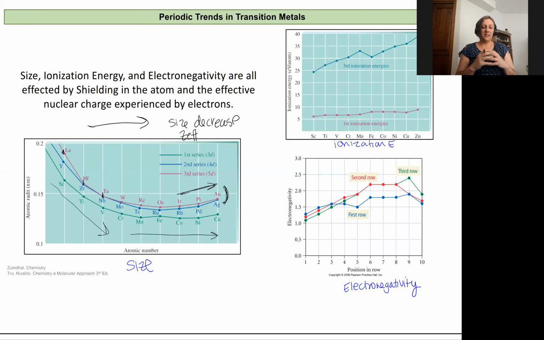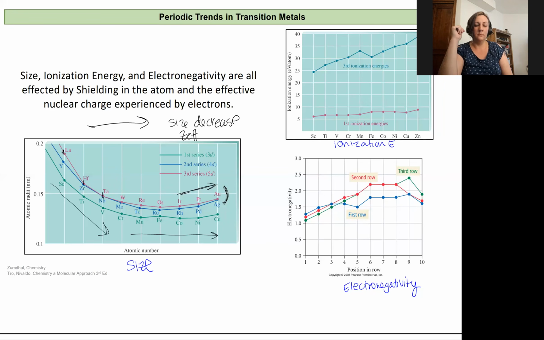And we actually see something called the lanthanide contraction, because there are so many more core electrons populated into the atom that the effect of the nucleus on the energetics of the valence electrons decreases. Like that attraction has more in the way between them.